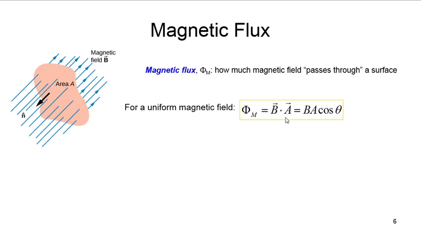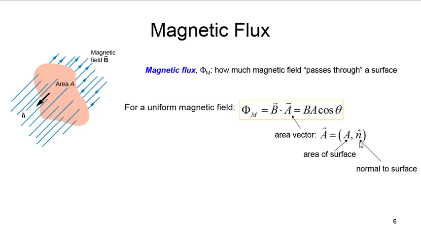Let me just remind you what the area vector is. It's a vector. Don't let that scare you. Remember, vectors have a magnitude and a direction. In this case, the magnitude of this vector is just the area of our surface, and the direction of our vector is just the normal to the surface that's shown here. So we take that vector and dot it with the magnetic field vector.